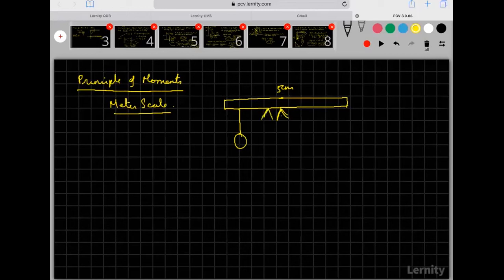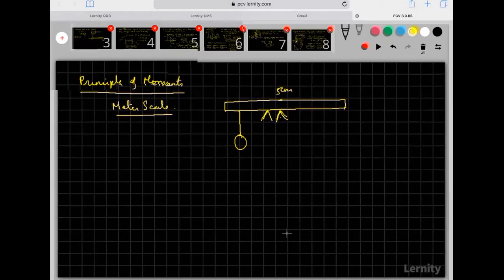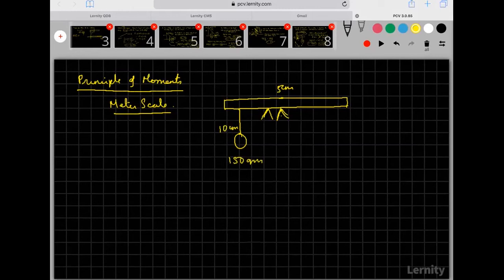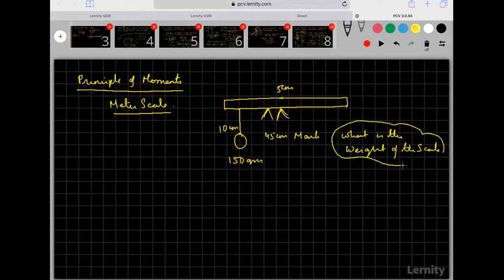So the first kind of question that you can get is, suppose I put 150 grams at the 10 centimeter mark, and now the balance is at the 45 centimeter mark. The question is, what is the weight of the scale? Can you answer this?